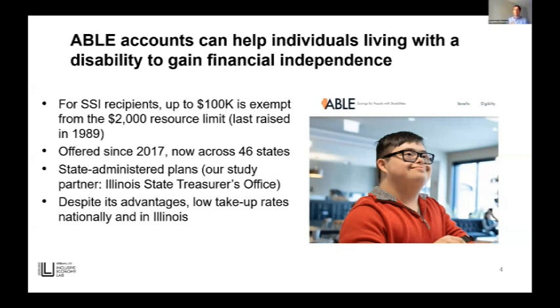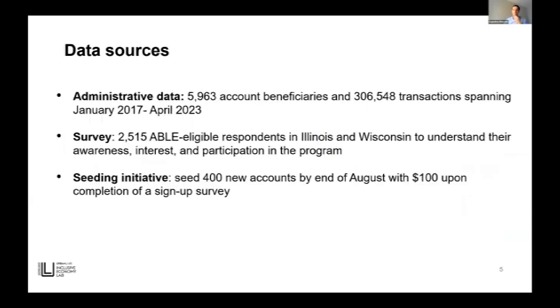So despite the many advantages of this program, we realized that there is a relatively low take-up rate, and we tried to look at the reasons why that is the case. To unpack the different barriers to take-up, we leveraged 3 main data sources. This novel admin data set from the Treasurer's Office in Illinois that includes 5,164 account beneficiaries between 2017 and early 2023.